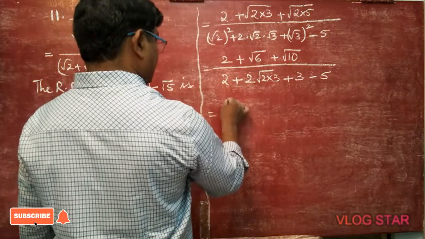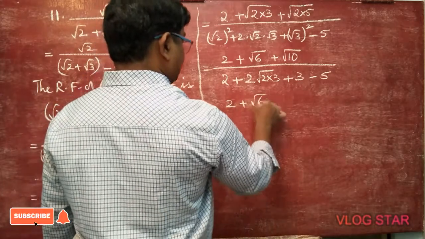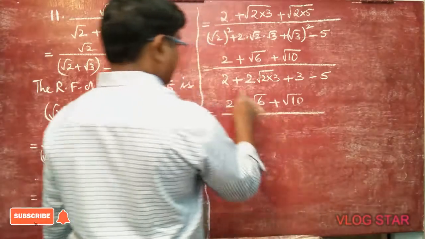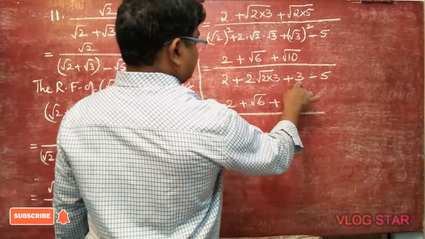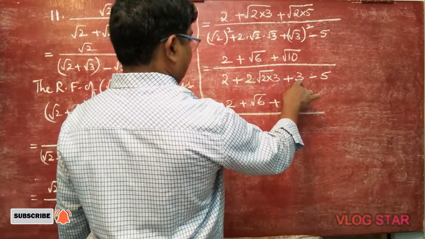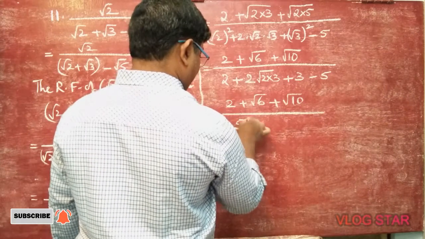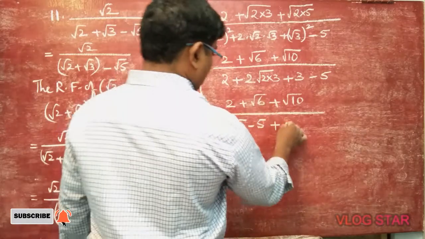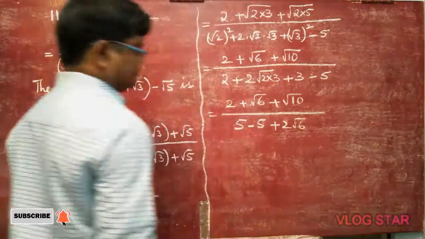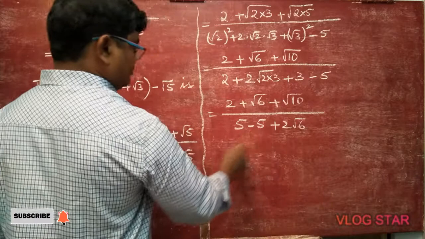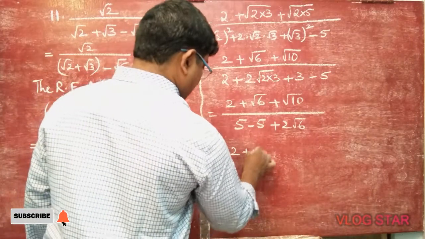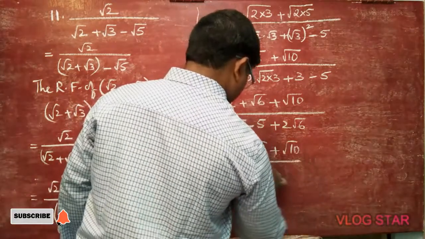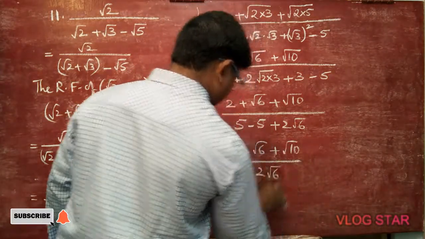Now simplify. 2 plus root 6 plus root 10 divided by 2 plus 3, 5. 5 minus 5 plus 2 root 6. 5 minus 5 how much? 0. So 2 plus root 6 plus root 10 by 2 root 6 is left.